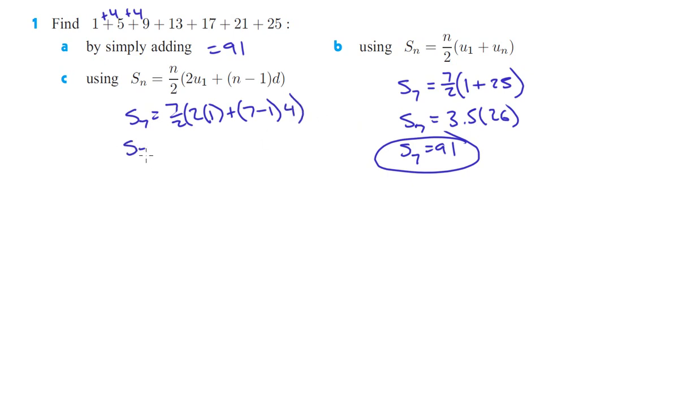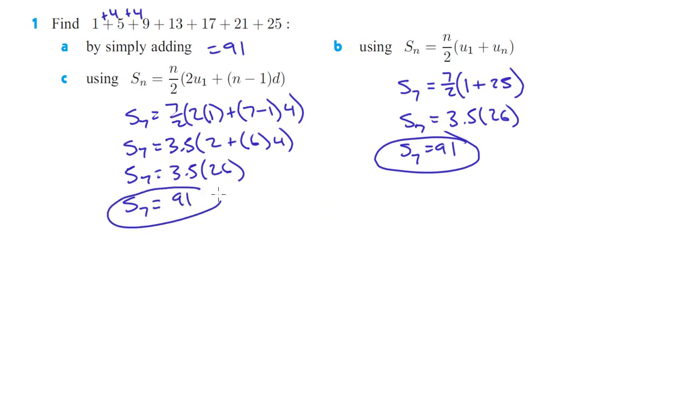So 3.5, 2 times 1 is 2, 7 minus 1 is 6 times 4, so we get S of 7 equals 3.5 times 6 times 4 is 24, plus 2 is 26, which is exactly what we have there, so we know the S of 7 is going to equal 91 that way too.